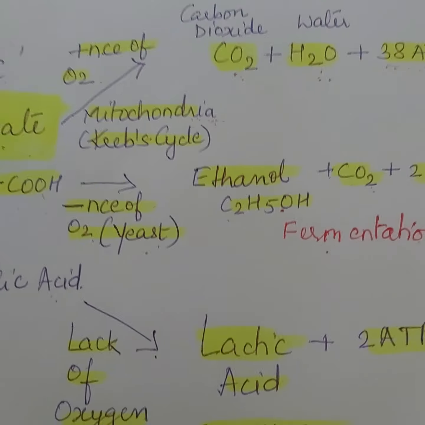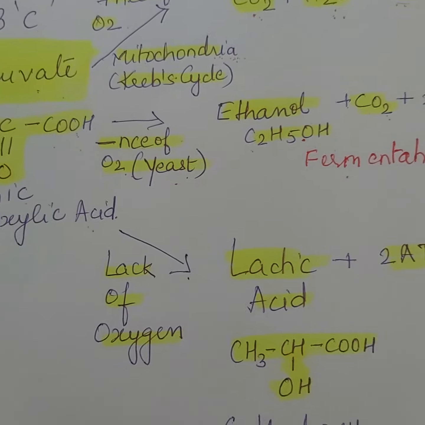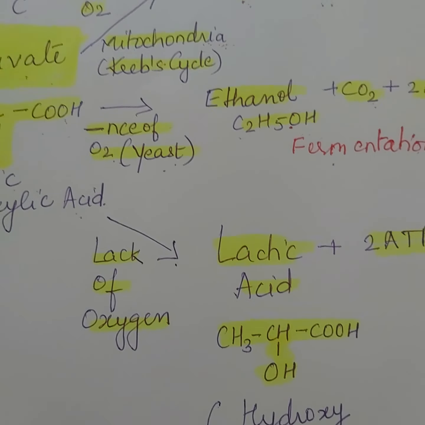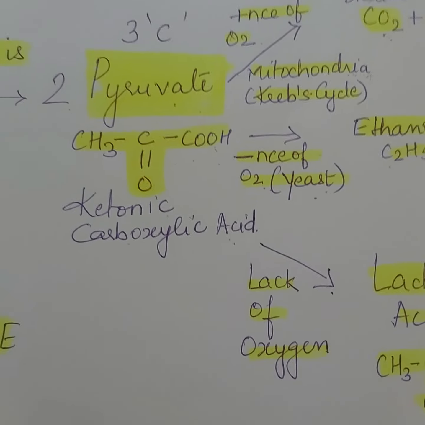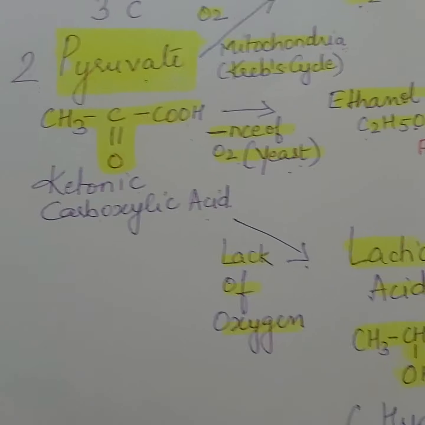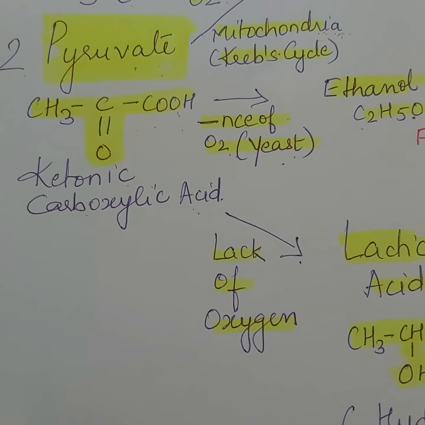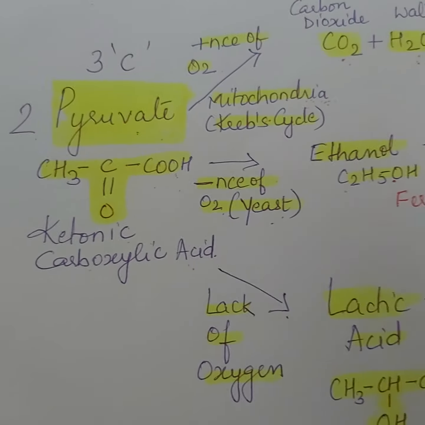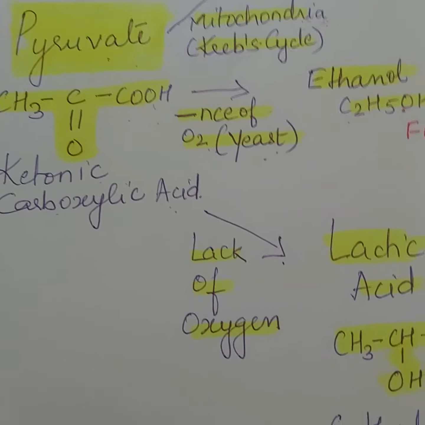What will happen if there is lack of oxygen? Children, lack of oxygen is created when the demand of oxygen exceeds the supply. For example, in anaerobic organisms there is no oxygen, but consider a case of aerobic organisms like human beings.